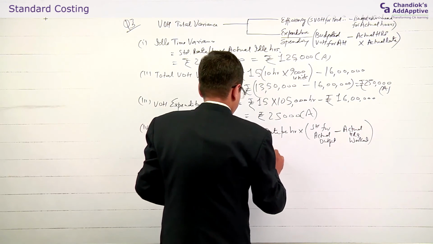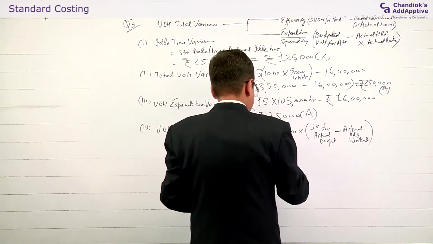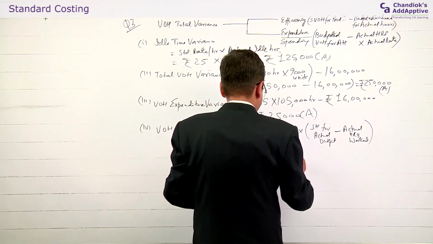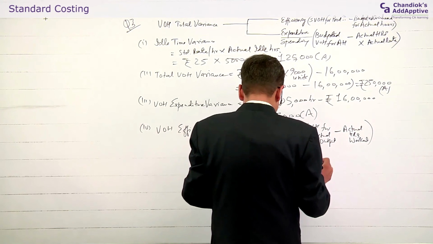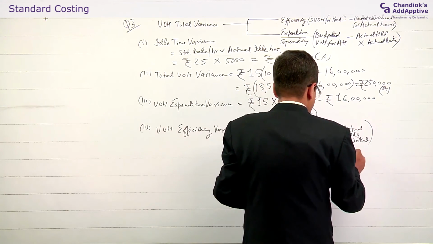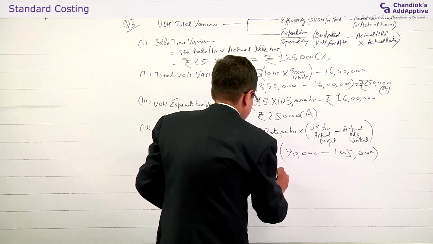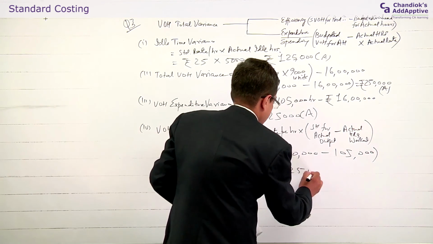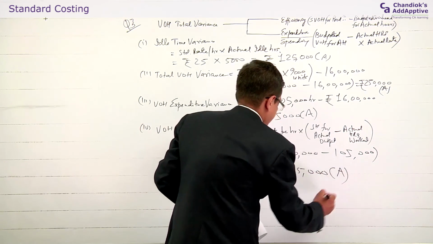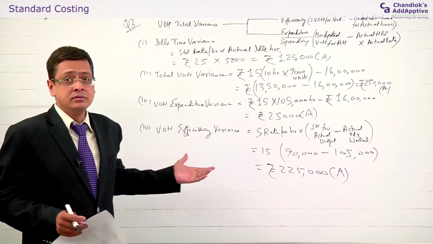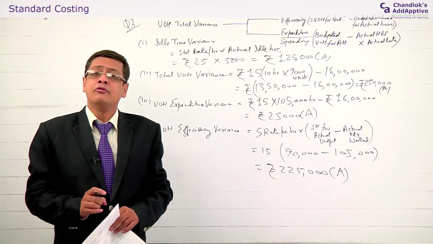So 15 rupees is standard rate per hour multiplied with 90,000 minus 1,05,000. So if you solve it, this becomes rupees 2,25,000 adverse. So friend, this is the solution of variable overhead.